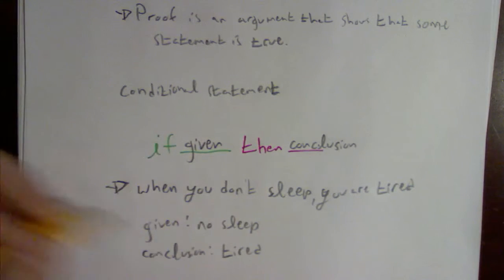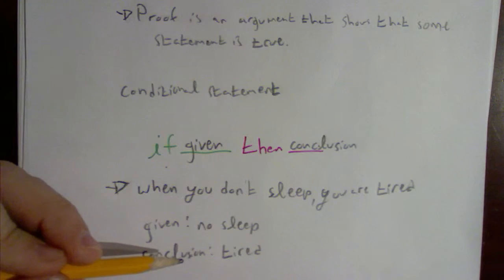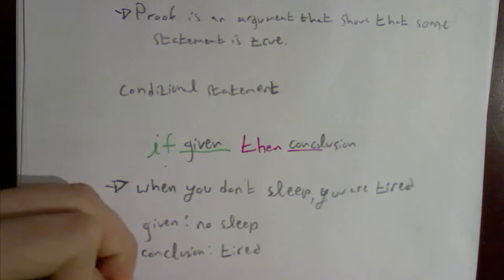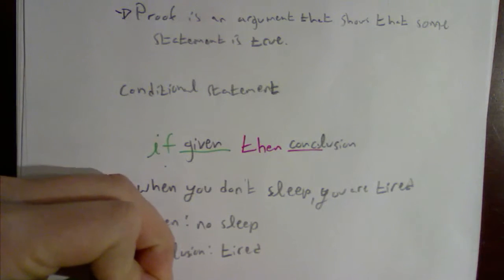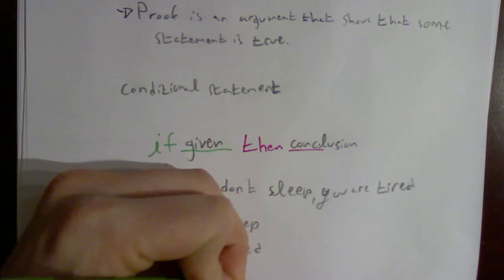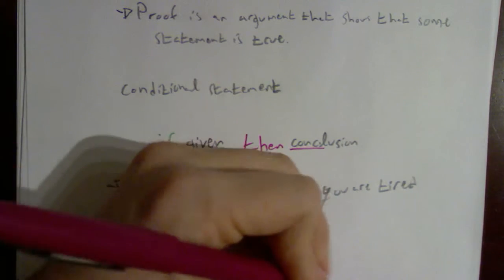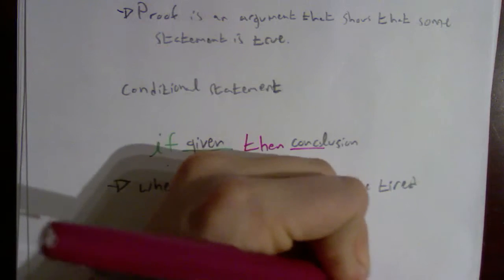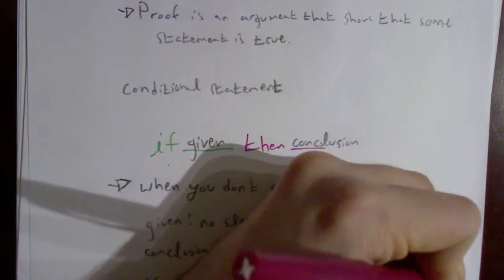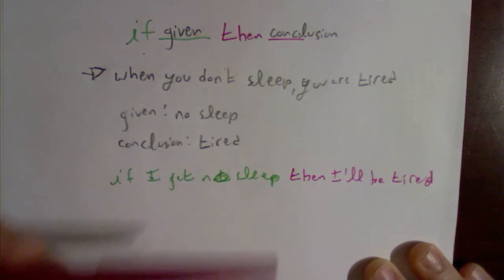And if I take those two things, I can just take my given and put it in front of my if, and take my conclusion and put it right after my then. So if I get no sleep, then I'll be tired.